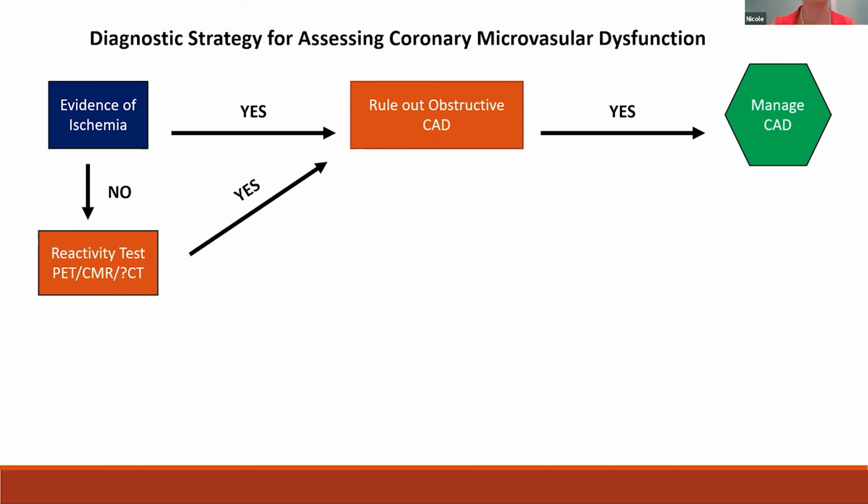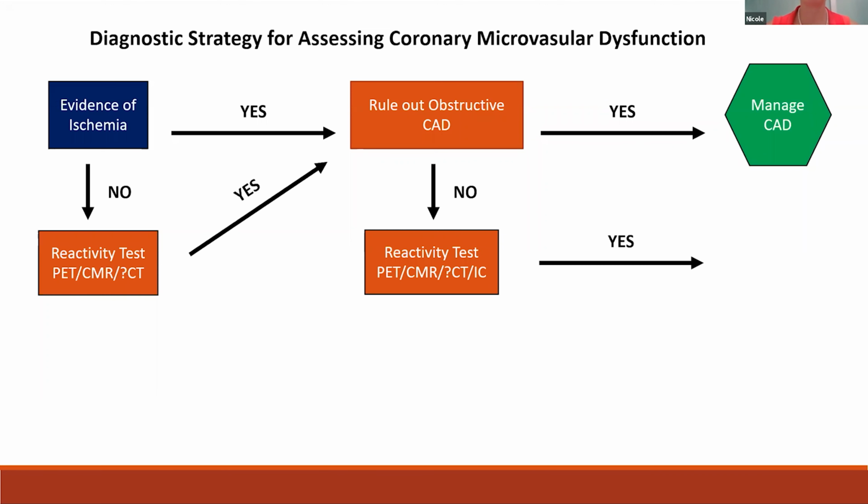If it's positive, you're going to, again, send that person to look for obstructive CAD and potentially do some of the cath lab measures of intracoronary adenosine or acetylcholine. You already have positive reactivity. If there's no obstruction, treat for microvascular dysfunction. If both tests are negative, then I would look for other causes.